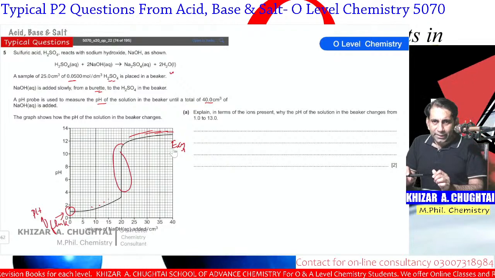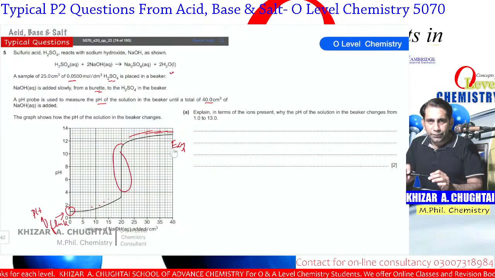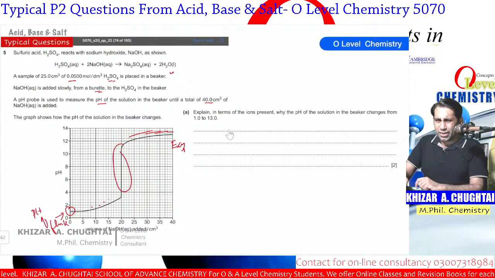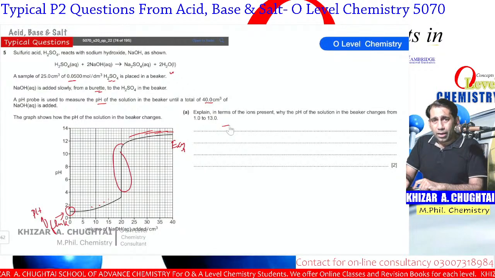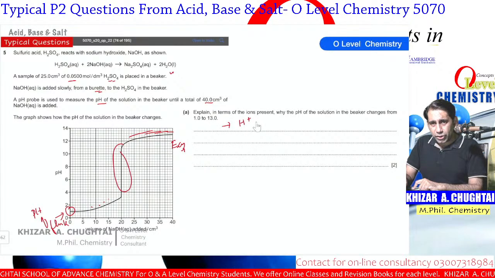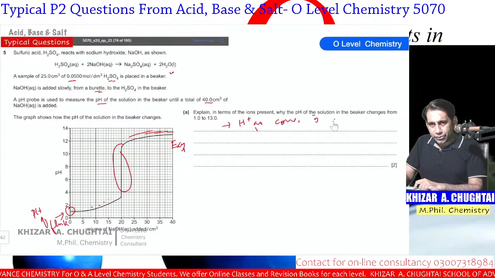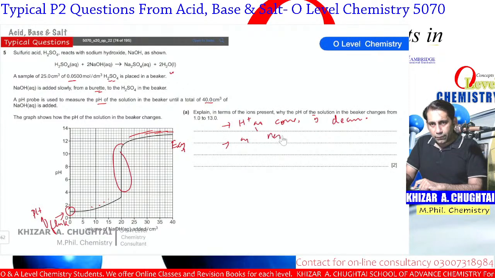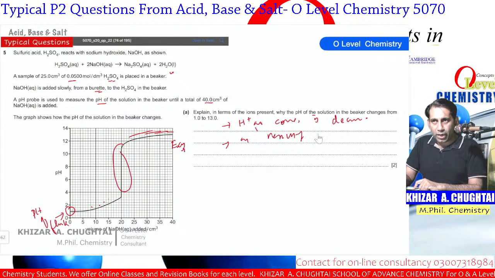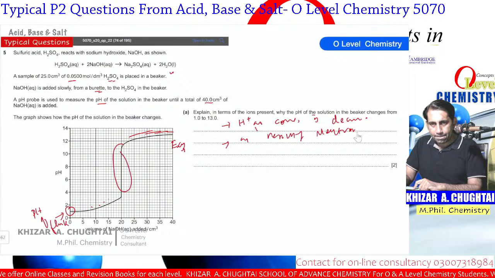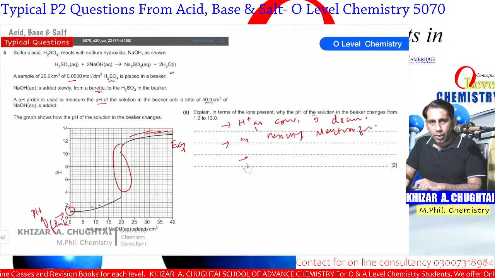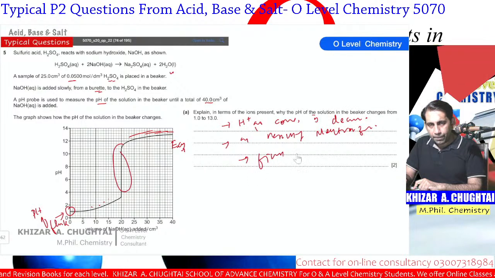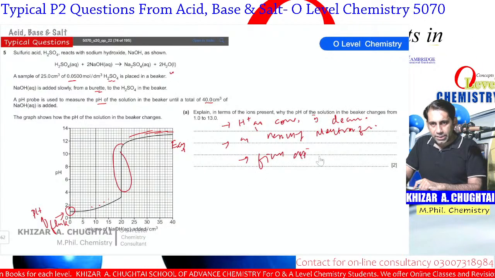Explain in terms of ions present why the pH of the solution in the beaker changes from 1 to 13. Once again, that is a similar one. I mean, the aqueous H+ ion concentration is decreasing as a result of neutralization, and finally the OH- ion concentration is higher.